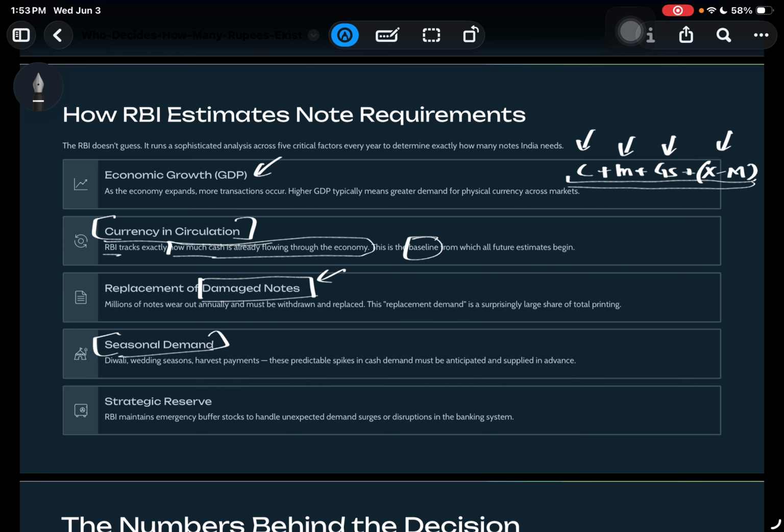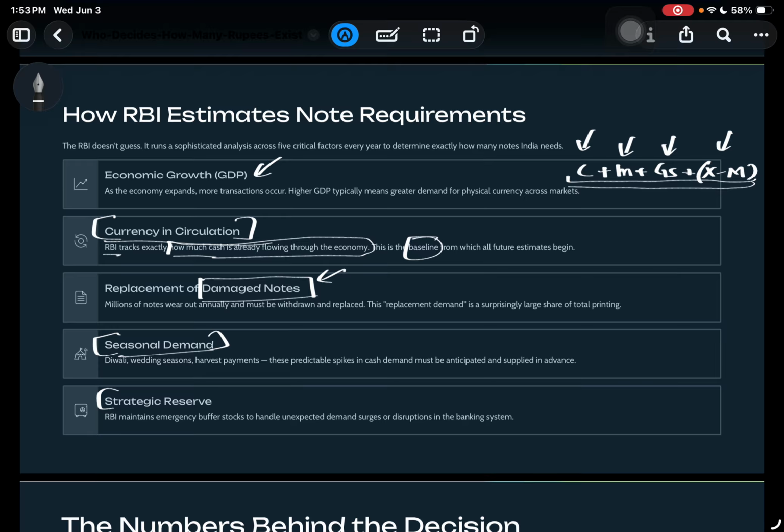So, in order to make sure that during those particular months, the economy has surplus cash, not too surplus, but enough cash to make sure that no transaction is struggling because of the lack of money in the economy. It makes sure that the economy has a stable amount of money.